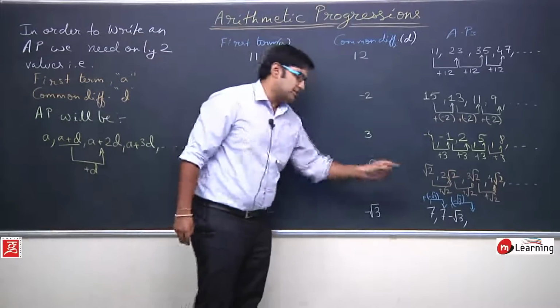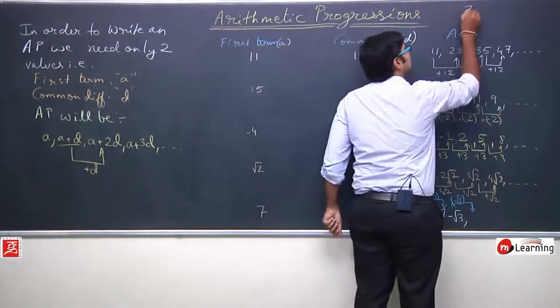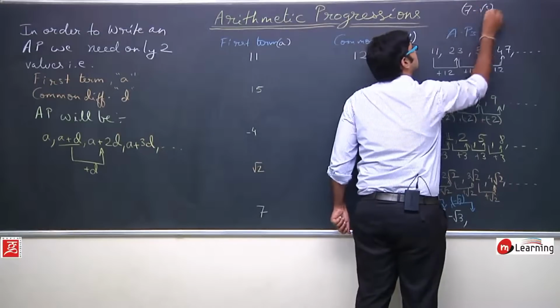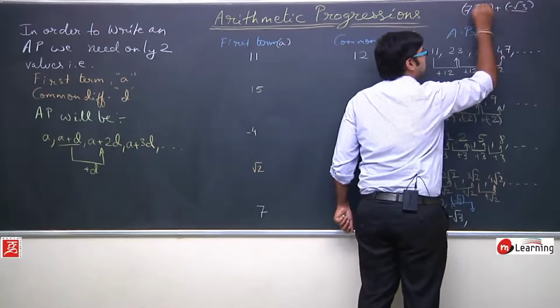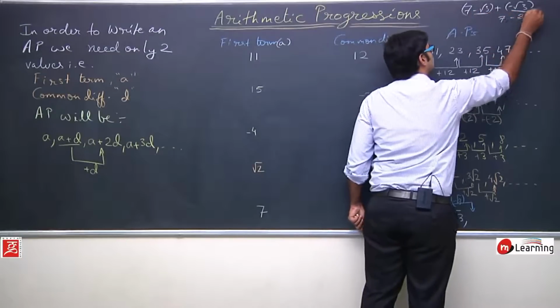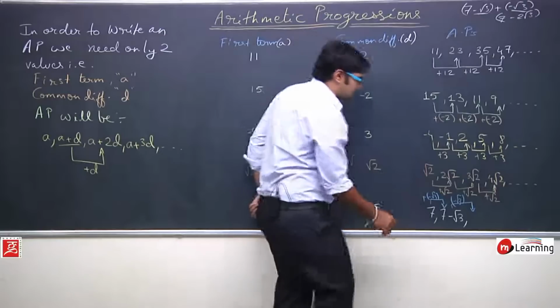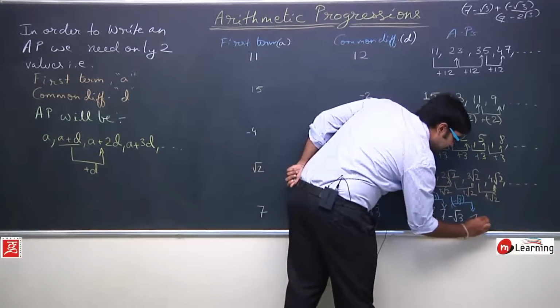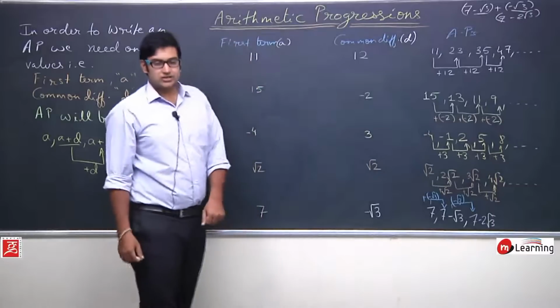Second term is 7 minus root 3. So 7 minus root 3 plus minus root 3 will give you minus 2 root 3. Okay. So the third term of this arithmetic progression will become 7 minus 2 root 3.